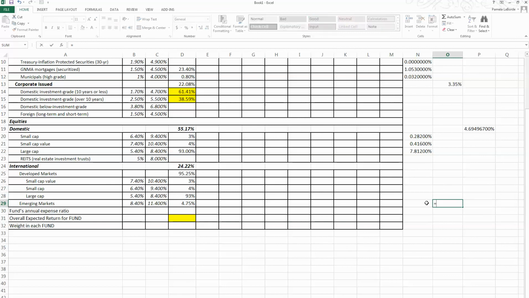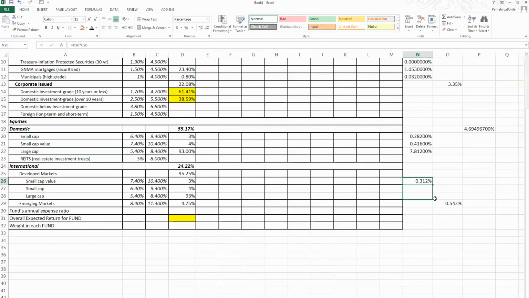So what I need to do is take the emerging markets weight times its expected return, take the developed market weights, the 3% in the small cap value times the 10.4% expected return.